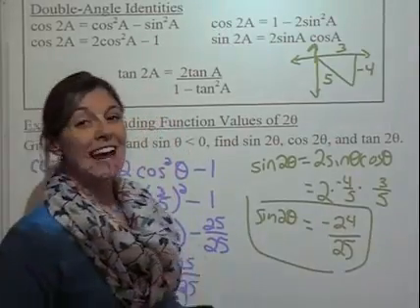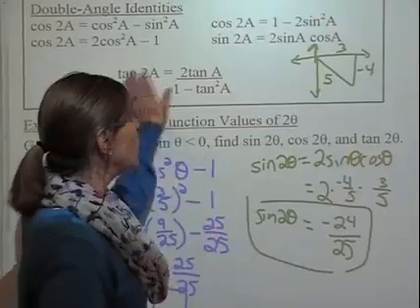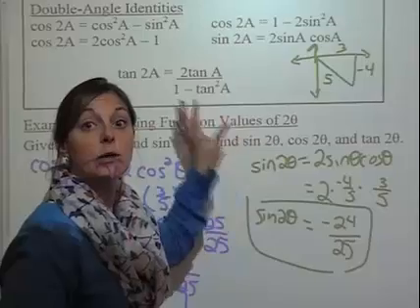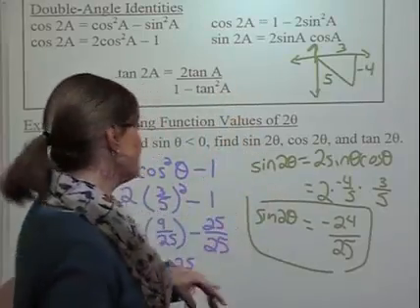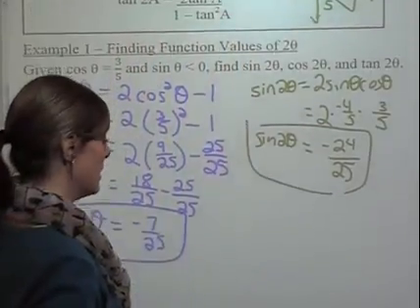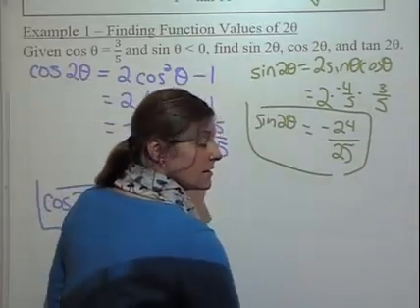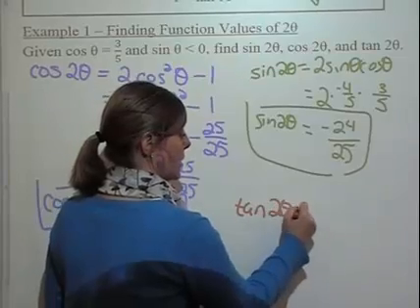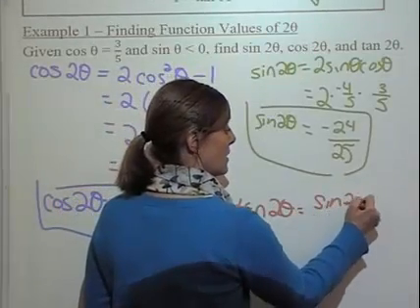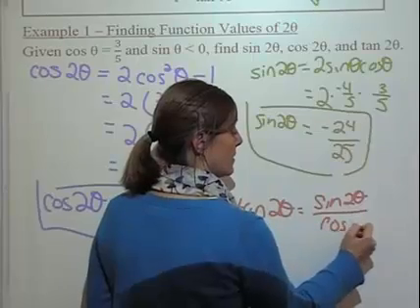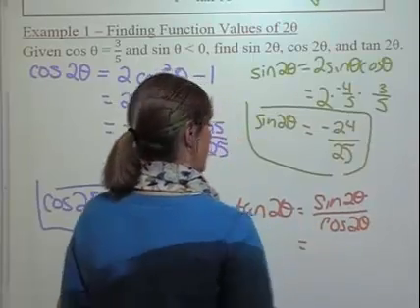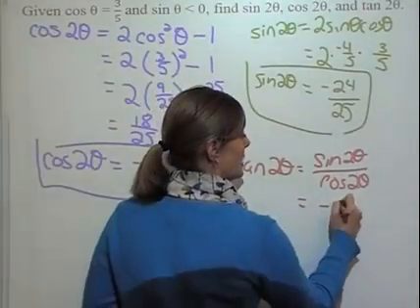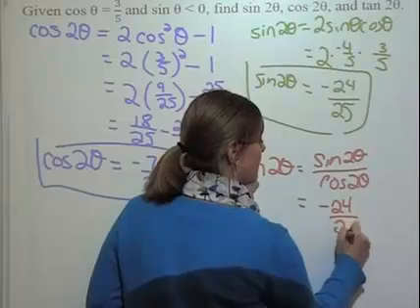Okay, now for tangent of 2 theta, we could find the tangent value and fill them in, or we know that tangent is equal to sine over cosine. So tangent of 2 theta would equal sine of 2 theta over cosine of 2 theta. Well, we just found sine of 2 theta, so that's negative 24 over 25.